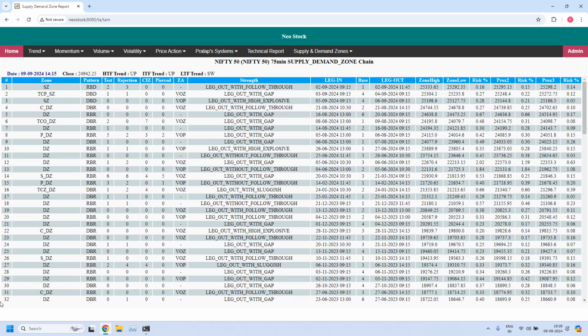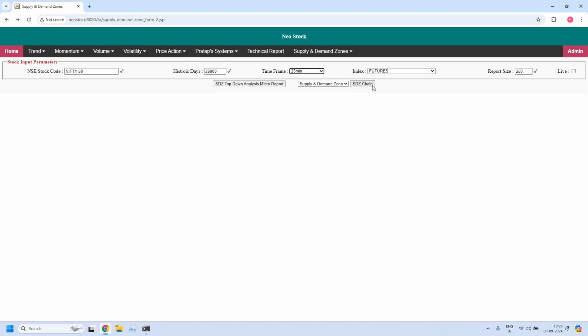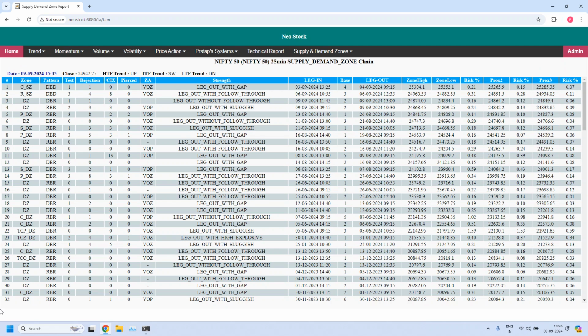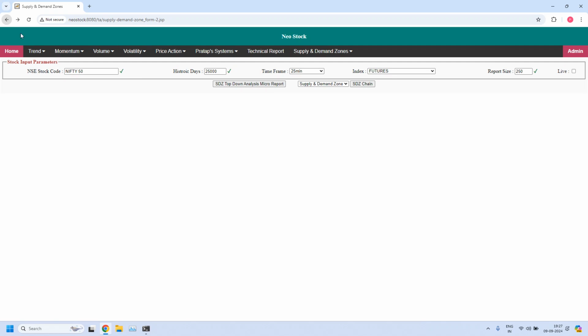And the next time frame is 25 minutes. I'm generating the 25 minute supply demand zone chain for Nifty. Next time frame is 15 minutes.